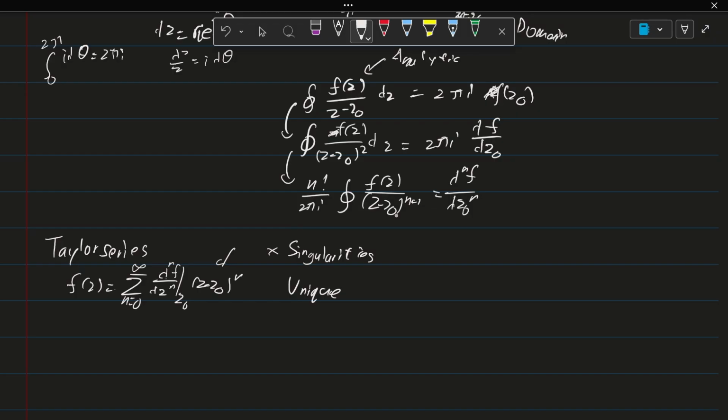The next one is that every analytic region has a Taylor series. First it disregards singularities, but other regions will also have their Taylor series.